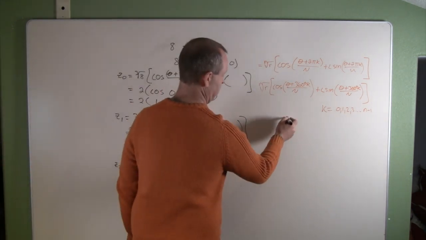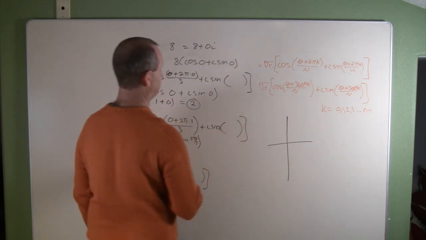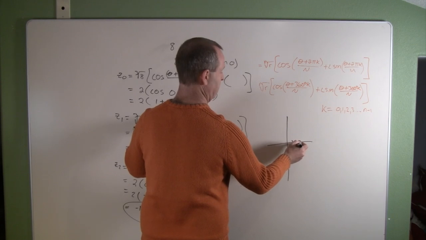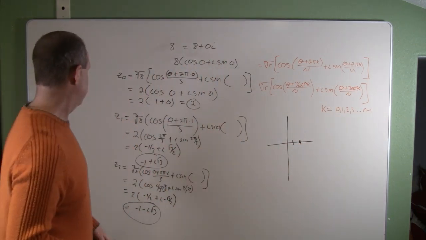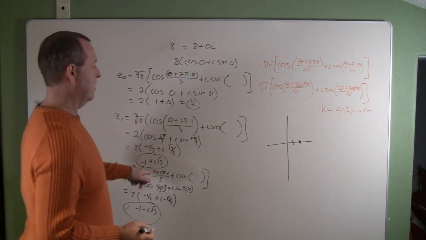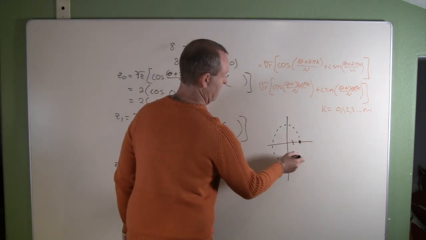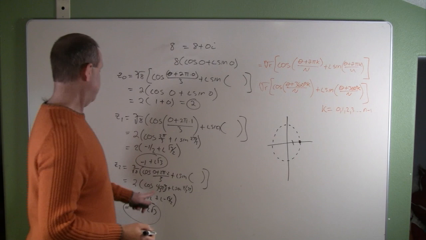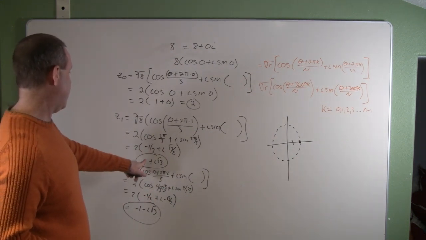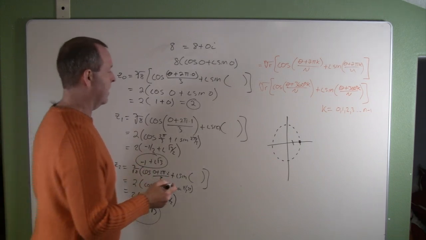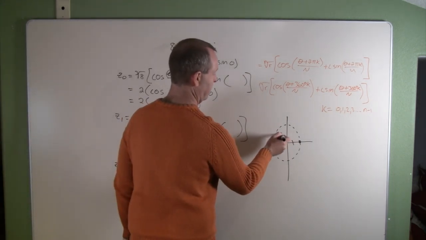If I were to graph those out on the complex plane, the first one's over at unit 2. We know these are all on the circle, all an equal distance apart. The next one is at negative 1, so over 1 and up root 3.